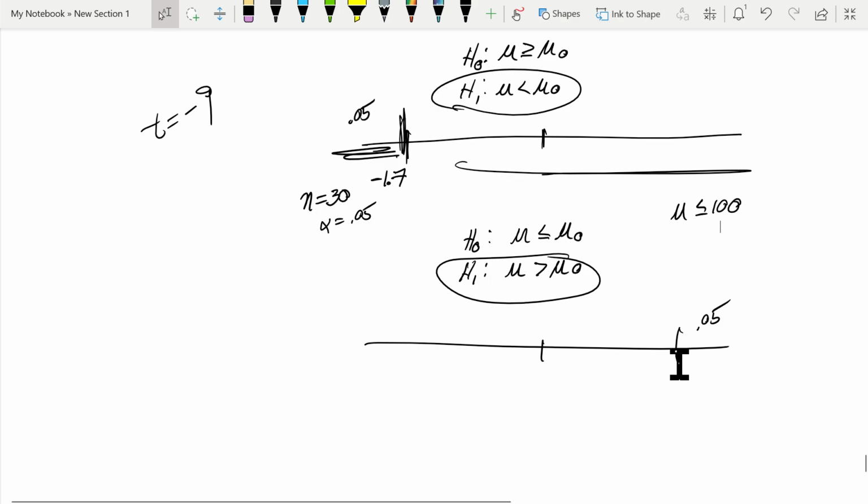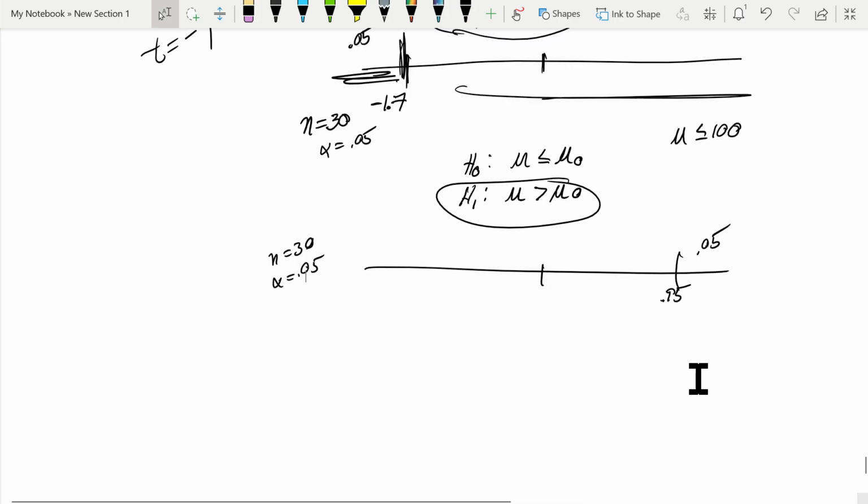For this one, with 0.05, this is the 0.95. N equals 30. Alpha equals 0.05. What is the cutoff value here? What is the t value that cuts off 95% to the left, 5% to the right?